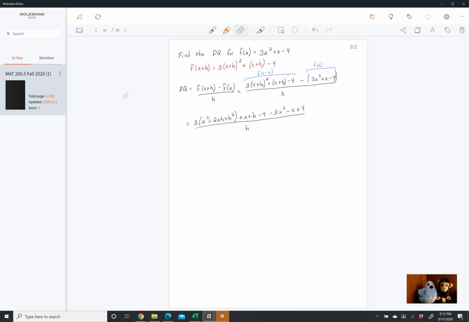So notice it's just a bunch of algebra, okay? That's all. Just get accustomed to the algebra. So what did we do here? We distributed this minus. And normally we would distribute something in front of this x plus h, but there is nothing in front of there. So we just pulled out those parentheses and we squared the x plus h, okay?